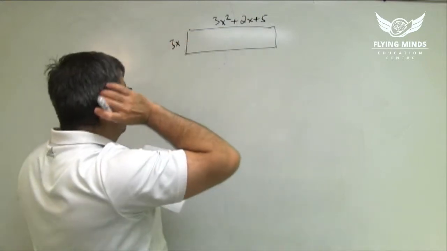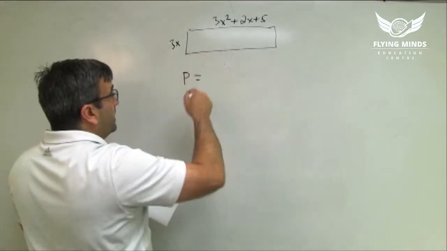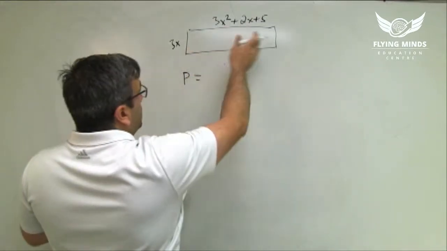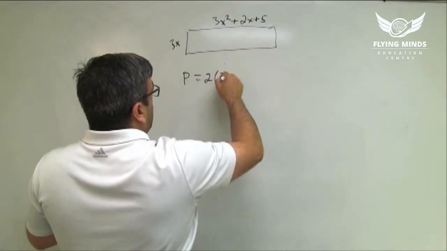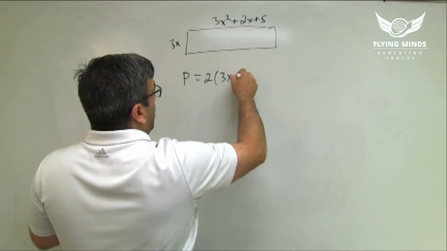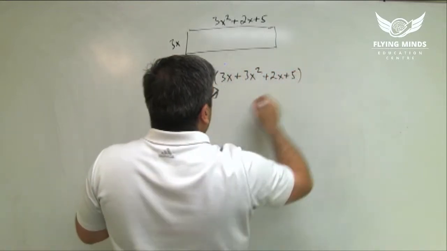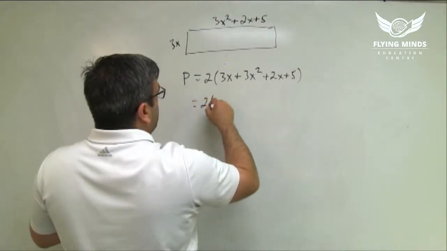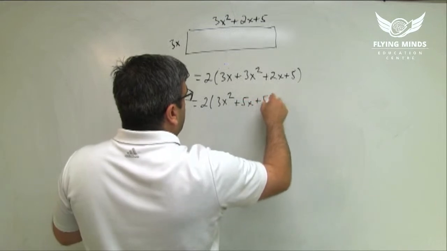So these are the dimensions, and we need to find the perimeter. So perimeter is the sum of all sides. So we have 2 of each, right? So it will be 2 times 3x squared plus 5x plus 5.